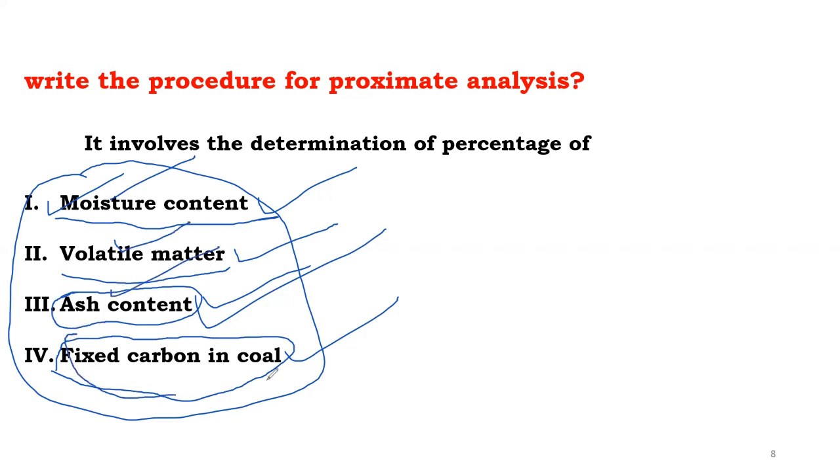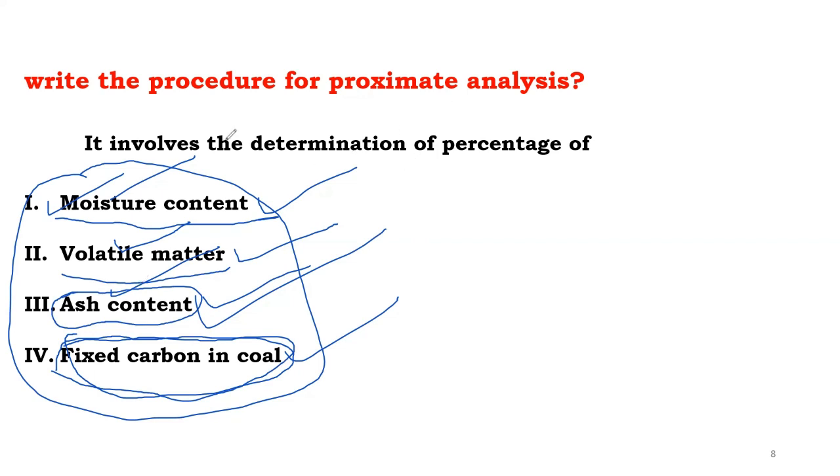This is our important, required material in the coal. If, going through the proximate analysis, the fixed carbon percentage is about 99%, that coal is a 100% pure sample, or a better coal. If the moisture content, volatile matter and ash content are a high percentage in any coal sample, that is not a good quality coal, right?